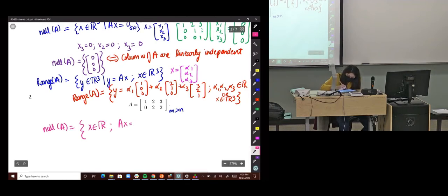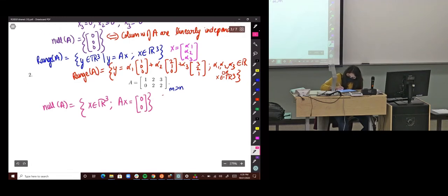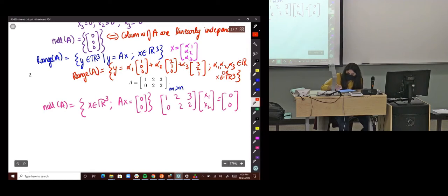x in R2 such that A of x, that was correct, m is 3. A of x equals 0, 0. So then that means I'm trying to find my x such that 1, 2, 3, 0, 2, 2 times x1, x2, x3 equals 0, 0.